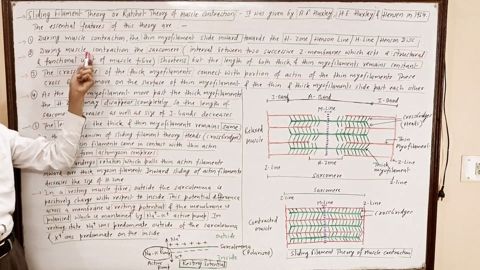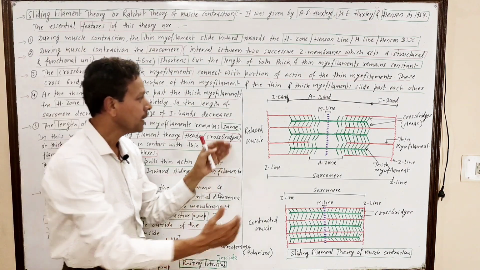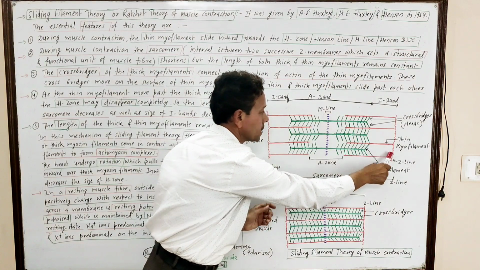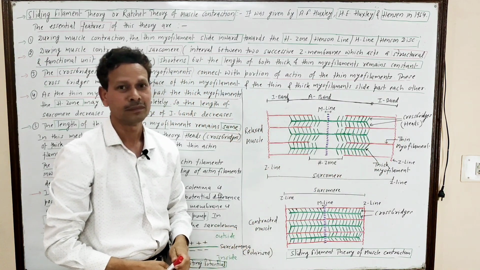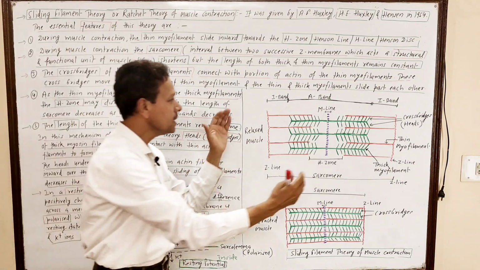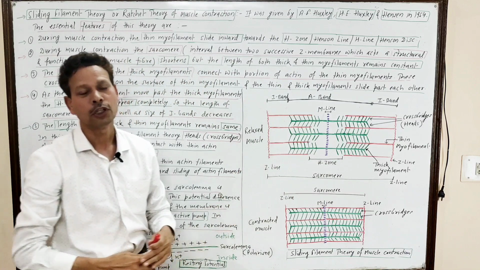The second point is that during muscle contraction, the sarcomere, the interval between two successive Z membranes, shortens in length. It means both Z membranes come close to each other.